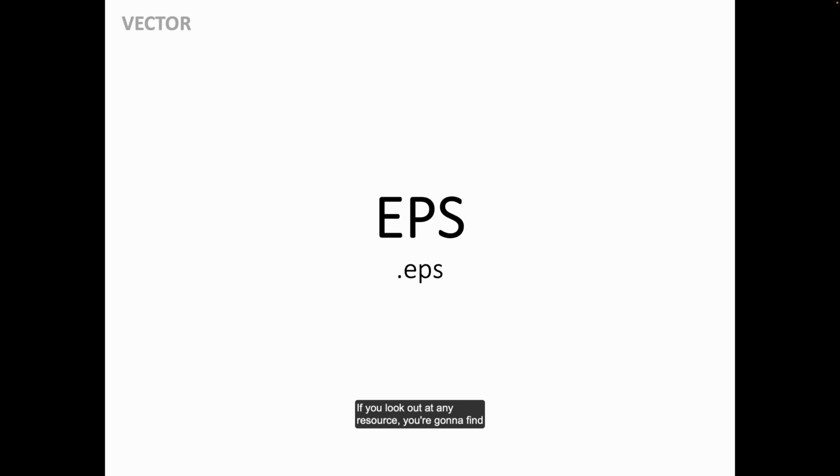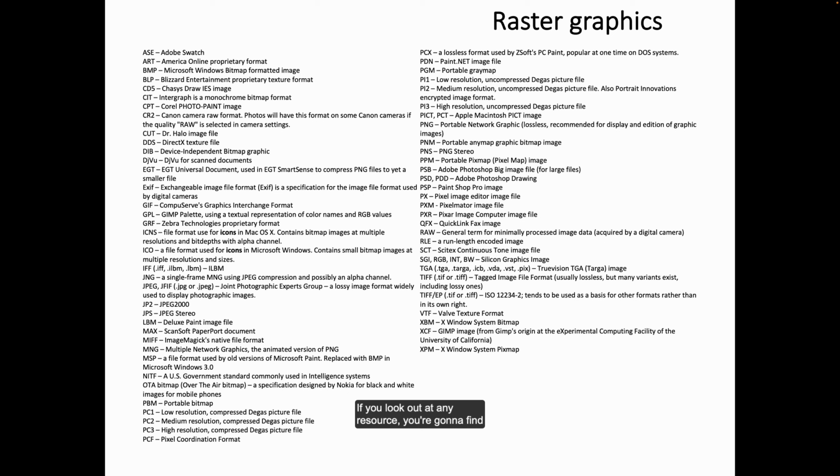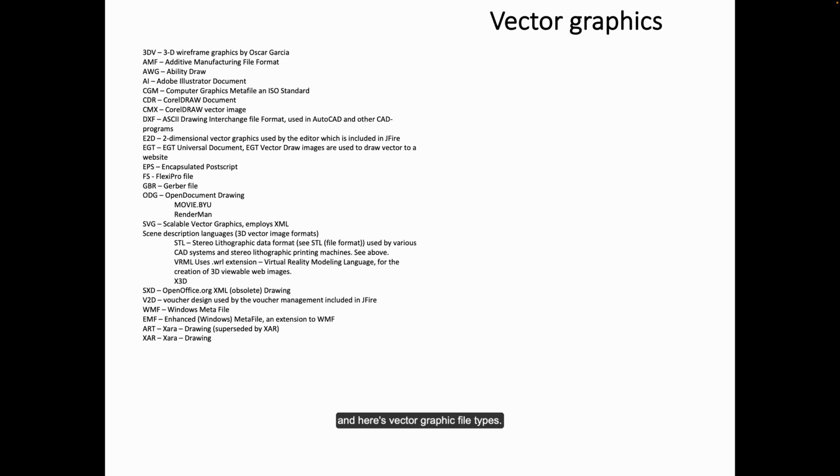If you look at any resource, you're going to find that there are hundreds of file types out there. If you just do a quick Google search, you'll find lists and lists. This is just a very brief list of raster graphic types, and here are vector graphic file types. There are many, many more. The list every year continues to grow.